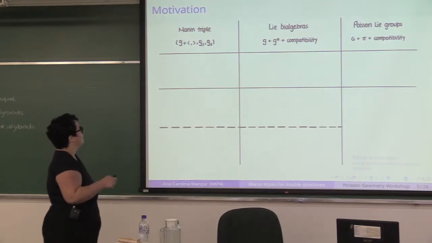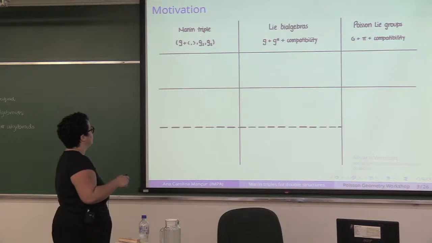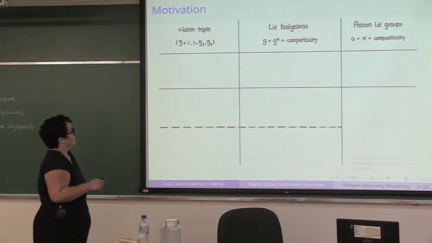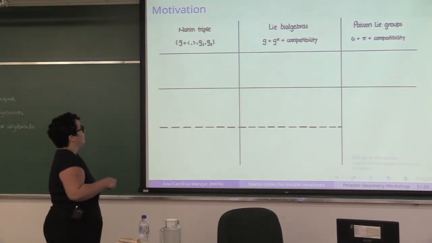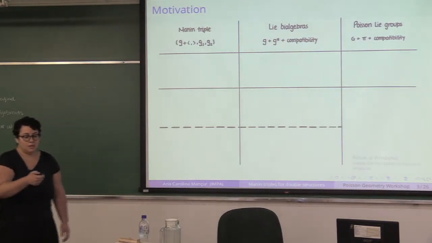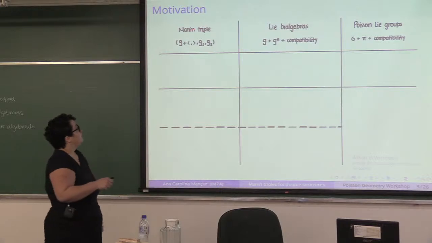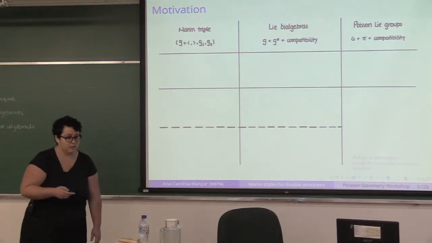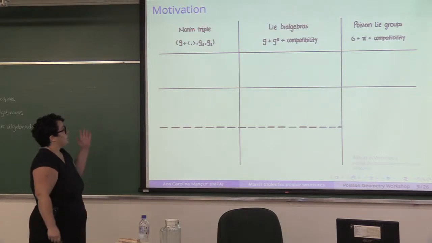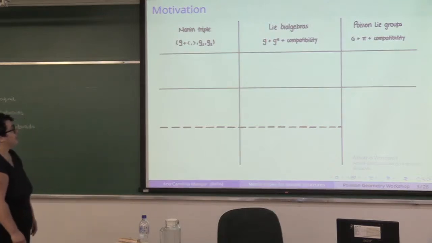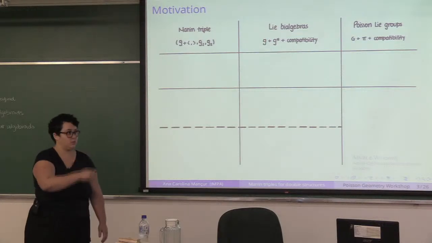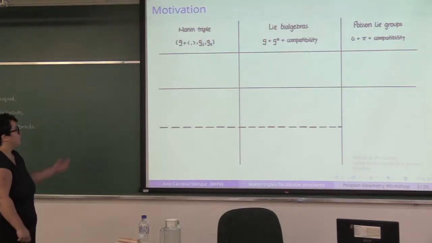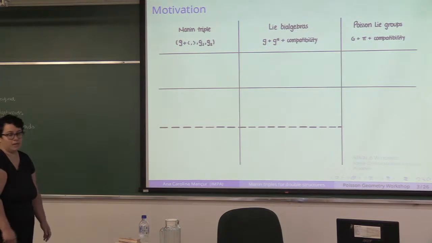And if you have a Manin triple, you can use this bilinear form to identify g2 with the dual of g1, and using the invariance, we get a Lie bialgebra. The important thing here is that Lie bialgebras appear many times as Manin triples, so Manin triples are important to identify Lie bialgebras.